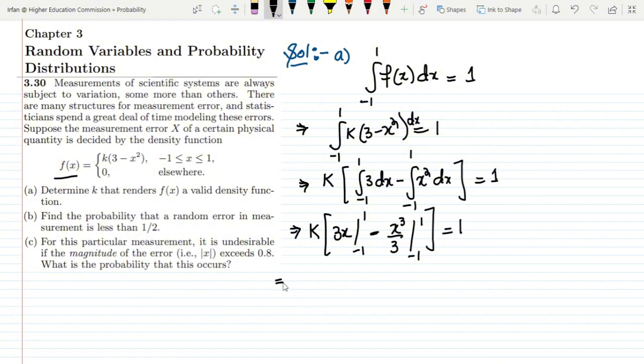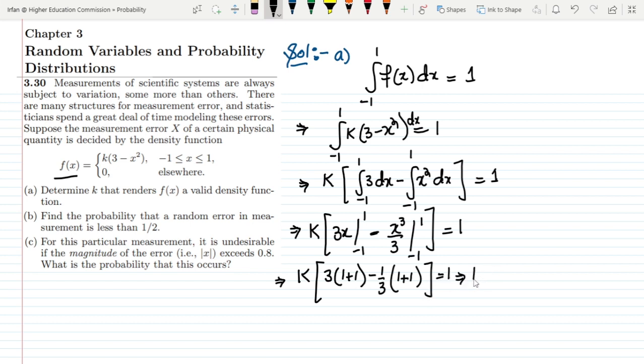Now putting in the values of these limits, I will get 3 times (1 minus -1), so 3 times (1 plus 1), and minus 1 by 3 times (1 plus 1). It must be equal to 1.